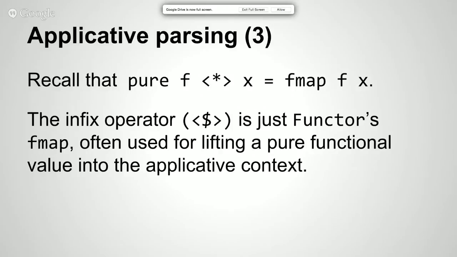So first of all, recalling this law, that pure f snowflake x is just fmap fx, we can think of the fmap, the infix fmap, which is that $, as a way of taking this pure functional value into an applicative context.